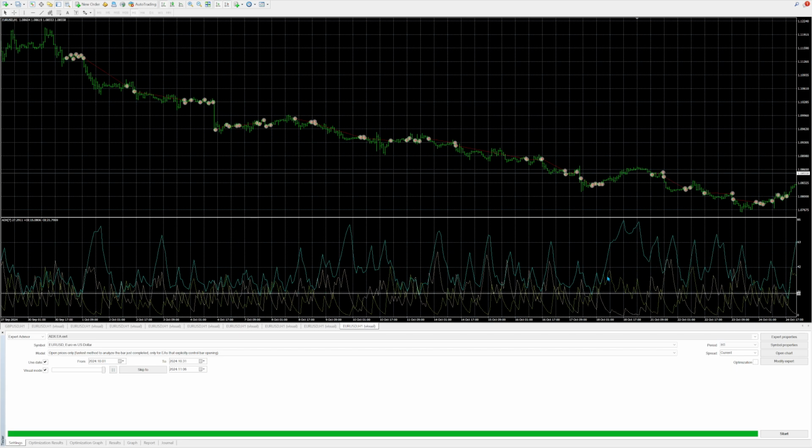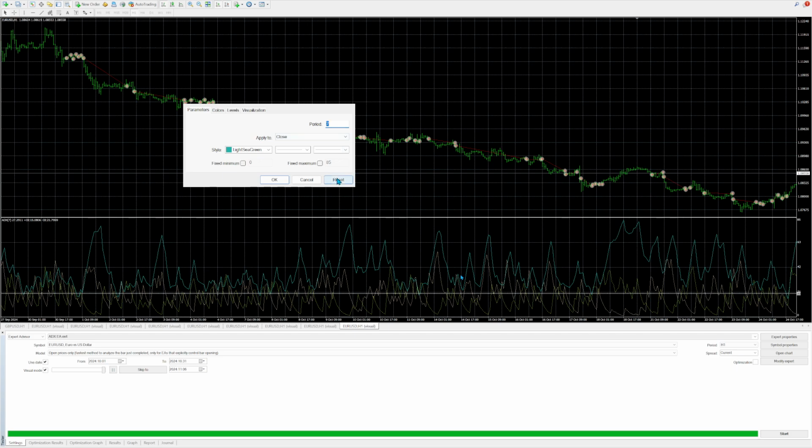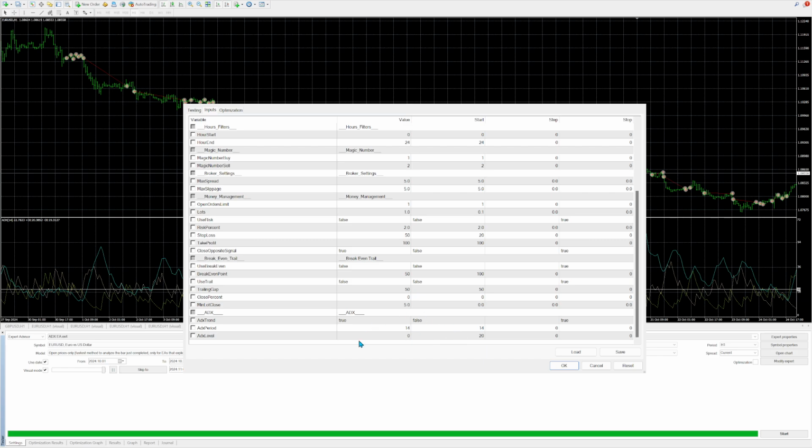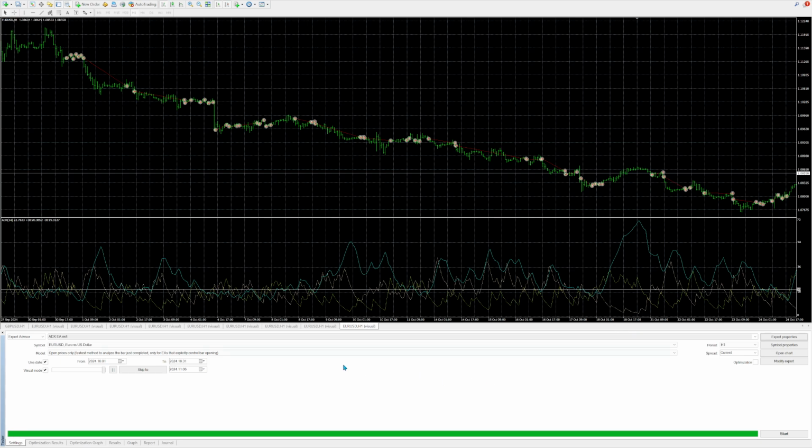That being said, some traders who are more aggressive may want to use 7 periods, but either way you can choose from the EA settings. If you want to use the ADX level, for example 20, it means it will only take trades if the ADX level is above 20. The period you can change as you want, but we'll leave it at 14. We'll leave the level off for now, just so I can show you exactly how the EA works.